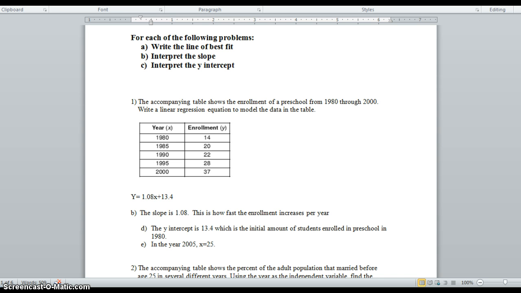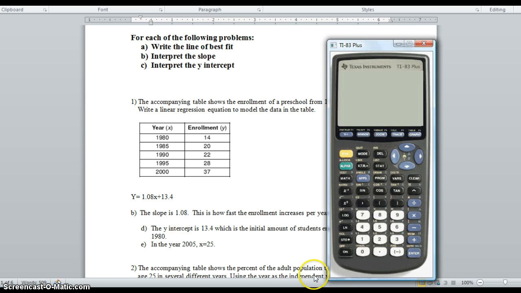So I take my equation and I plug in. It's going to be 1.08 times 25, and then add 13.4.